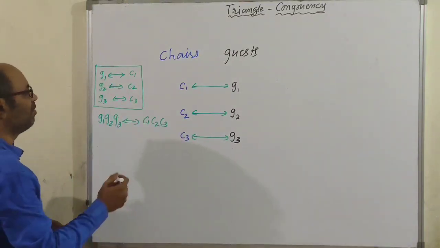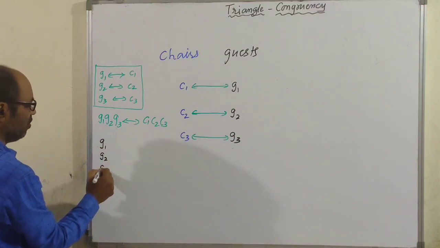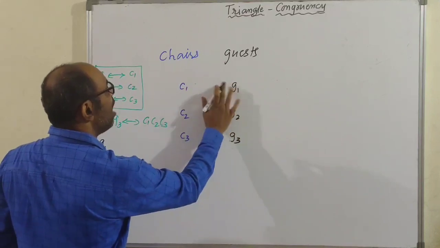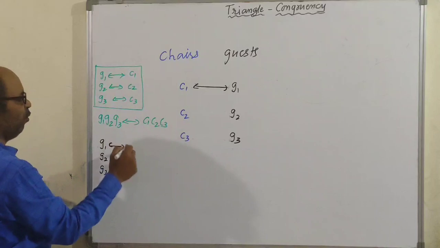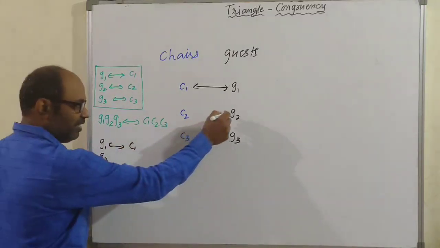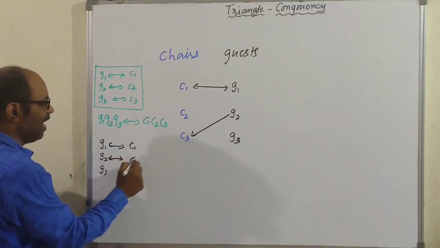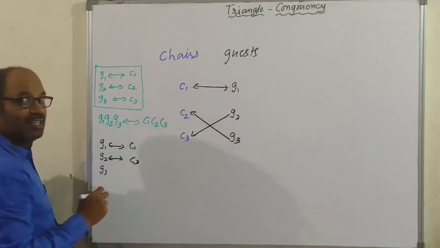Is there any other possible way? I write G1, G2 and G3. All right, let me remove this. Now, G1 sits on chair 1 as before, same. But G2 instead of C2 sits on C3. So G2 occupies chair 3. So the only chair left is C2 for G3.